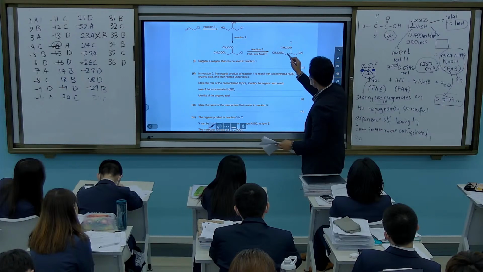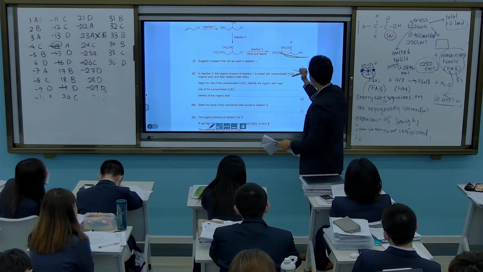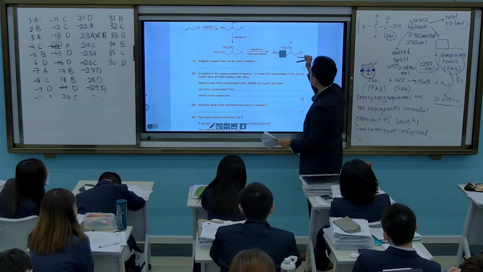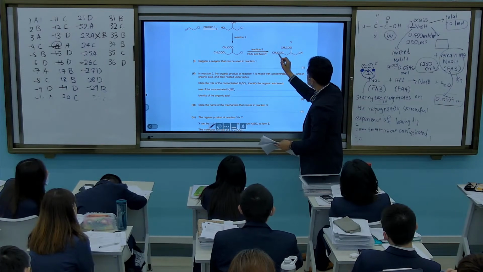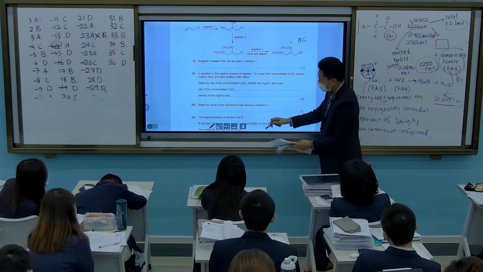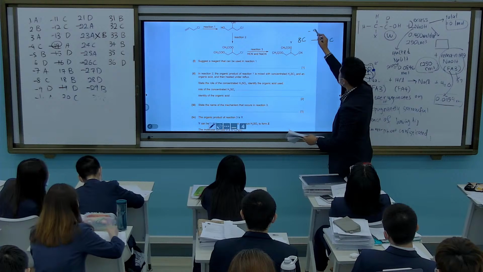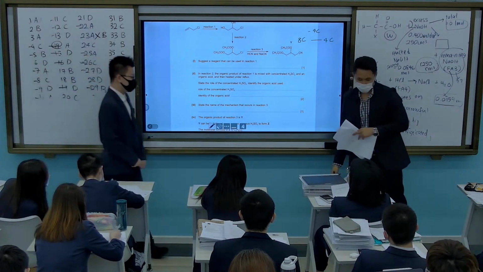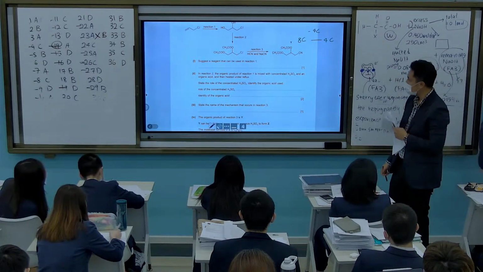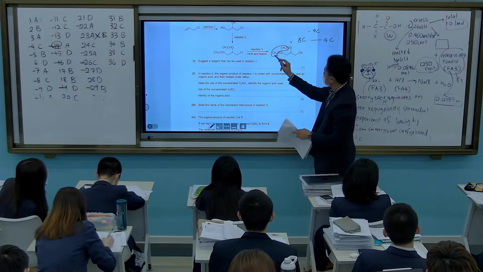Let's count: 1, 2, 3, 4, 5, 6, 7, 8. 8 carbons. But just now it says it becomes 4 carbons, so it means minus 4 carbons. So maybe they can come out from here, 2 carbons, 2 carbons.